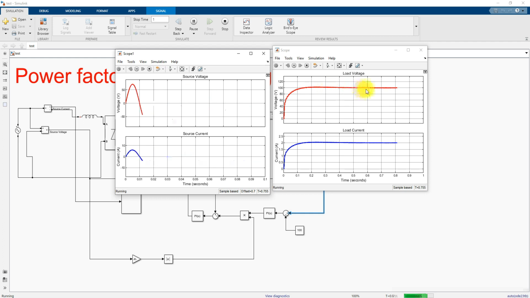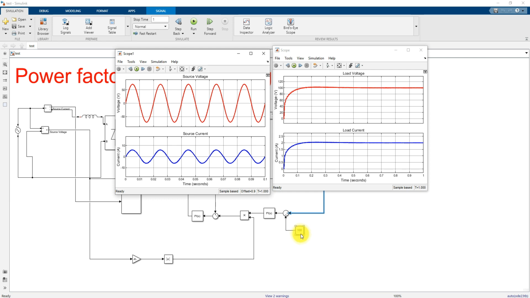It is maintained around 100 volts, because the reference voltage we have provided here is 100. Also the load current is maintained at around 2 amps. Here you can see that the source voltage and source current are in phase. Both are in phase, that means the power factor is almost unity.